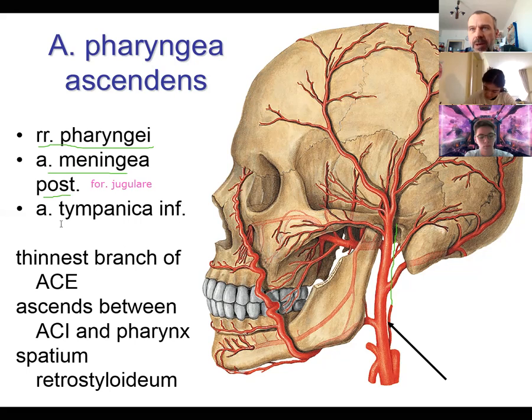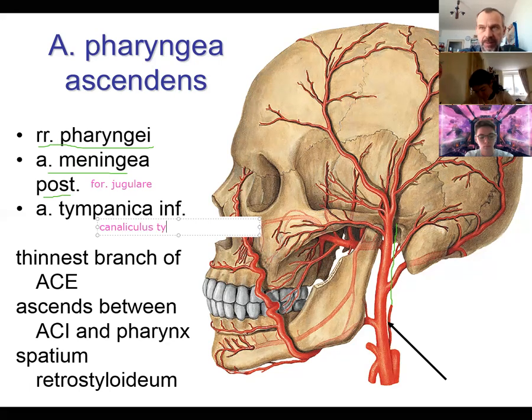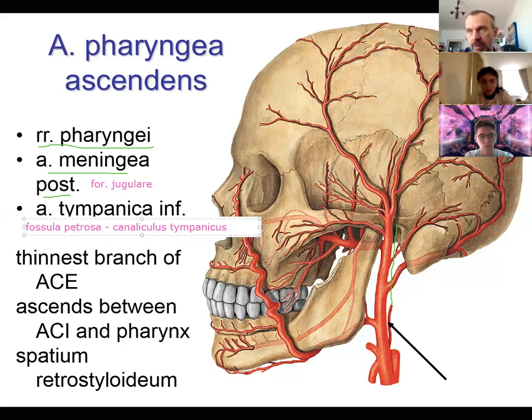It's the foramen jugulare, the jugular foramen, and the inferior tympanic artery goes via the tympanic canaliculus, which is in the fossula petrosa. You may remember that from the skull as well. So you can see that this is the second artery supplying the tympanic cavity, this time from below, through the jugular wall.